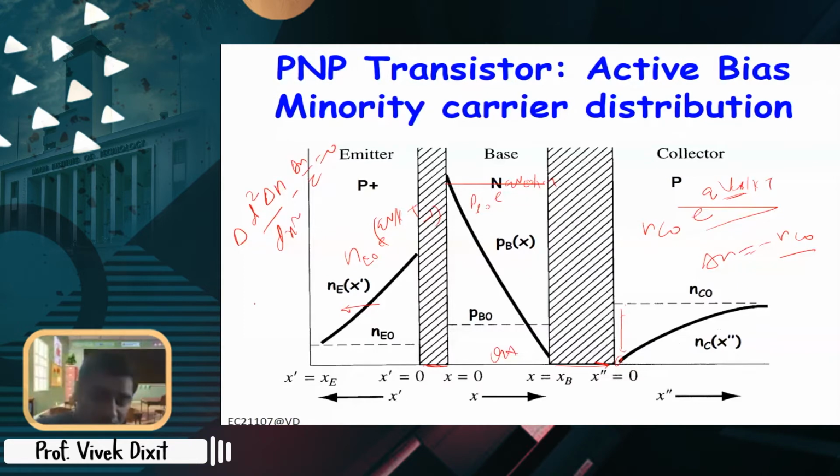And that will give you the expression for delta n as a function of length. Of course, here it is decided by the bias, and at infinite distance it should be 0. With that, if you take the derivative, you will get the equation for current. So let us look at these three regions individually.